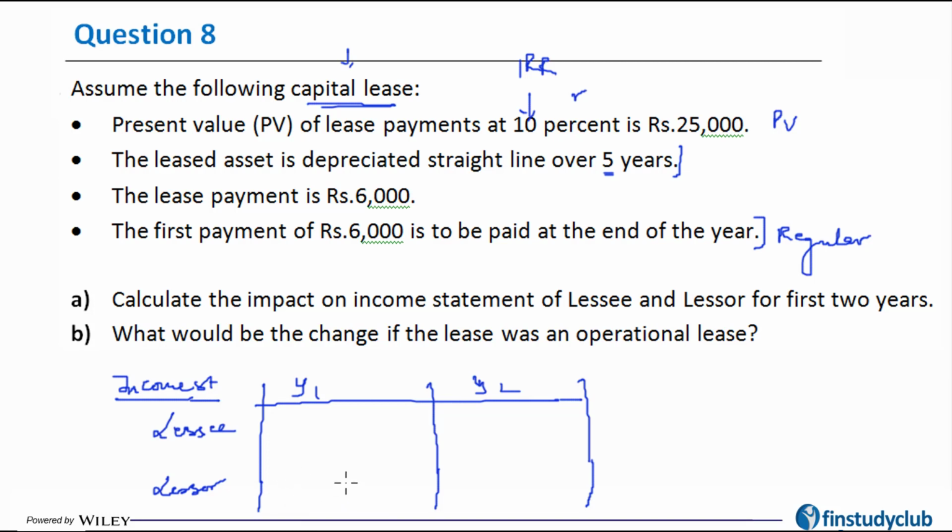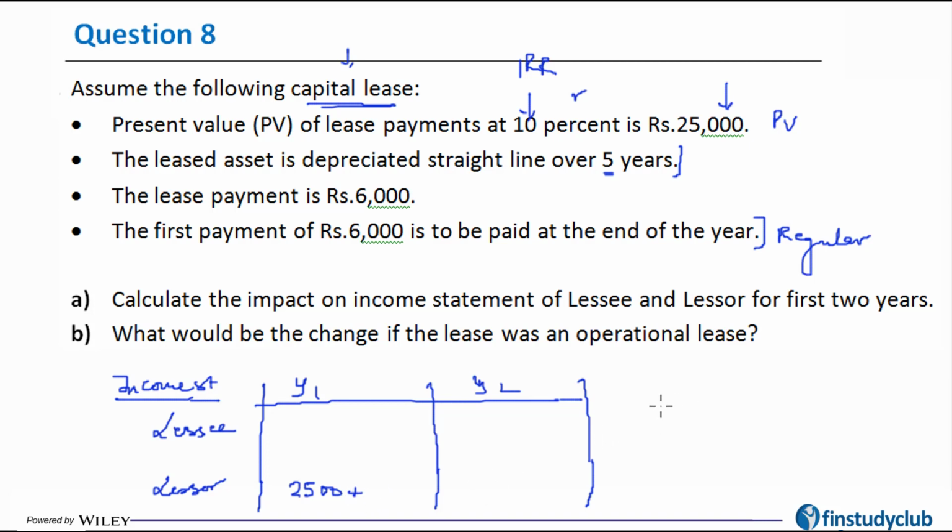So in the first year itself, I can tell you the lessor will experience an interest income. So the present value of the lease receivable is 25,000, on which 10%, 2,500, is going to be the income that she will get.